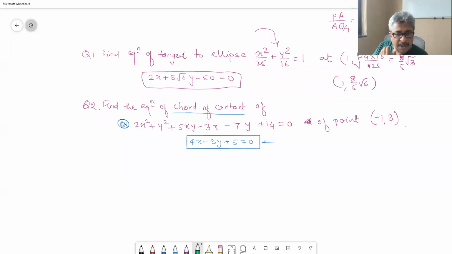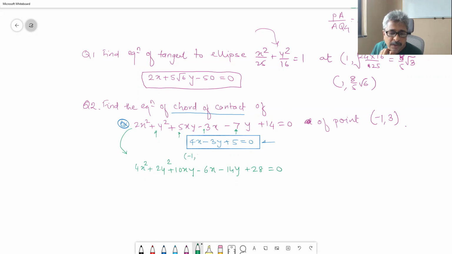Okay. Now maybe I will help you in finding this out a little quicker than what you have done. Deliberately this is an odd number, this is an odd number, this is an odd number. Therefore, if you want to save time and make fewer mistakes, you may write it as 4x square plus 2y square plus 10xy minus 6x minus 14y plus 28 is equal to 0. Then you have the point minus 1, 3.